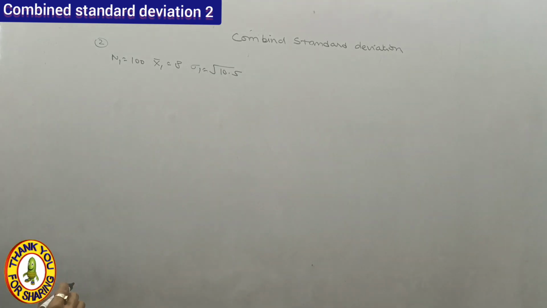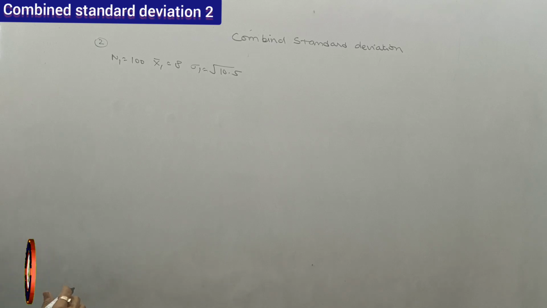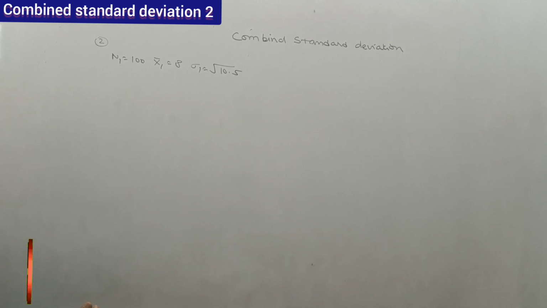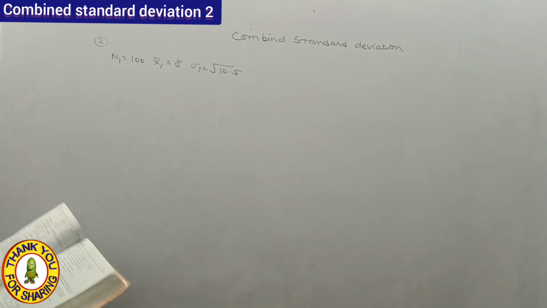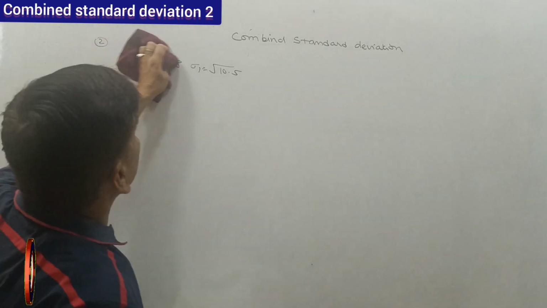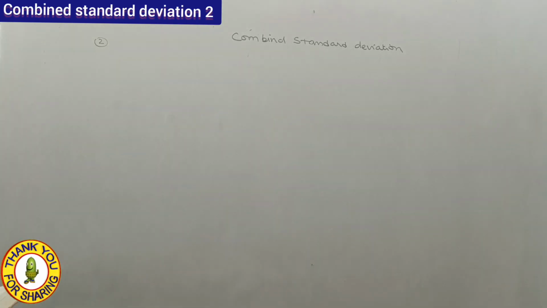What we are given, for a group containing 100 items, the arithmetic mean is this. Okay, we are having another question that will be more beneficial, because this type of question we have already done.